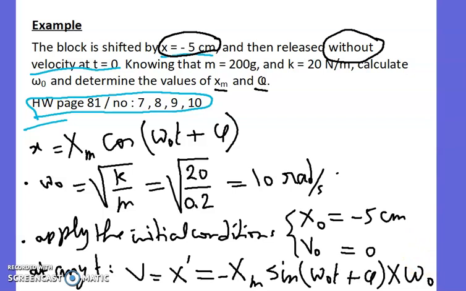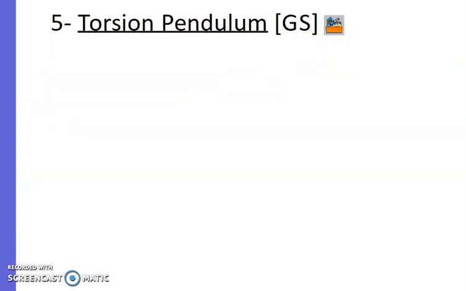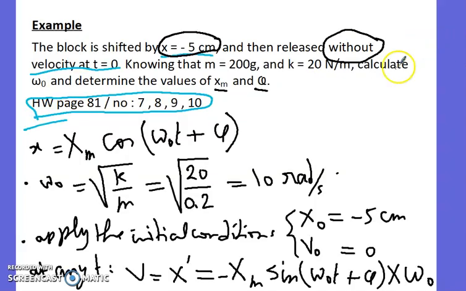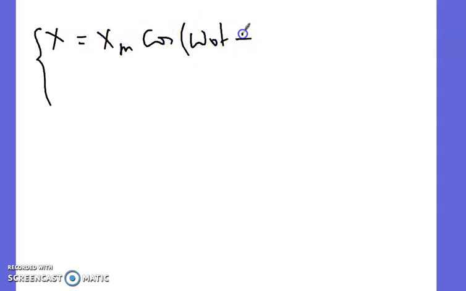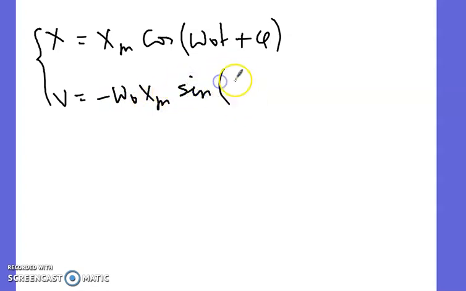So quickly, we get the two functions: x equal xm cosine omega 0 t plus phi, and v equal x prime, which is minus omega 0 xm sine omega 0 t plus phi.